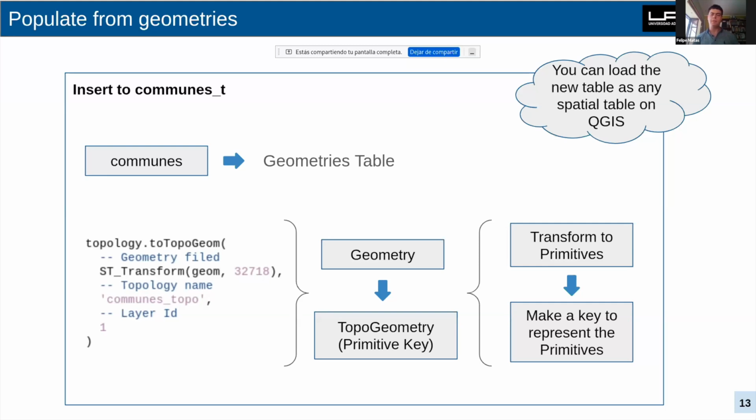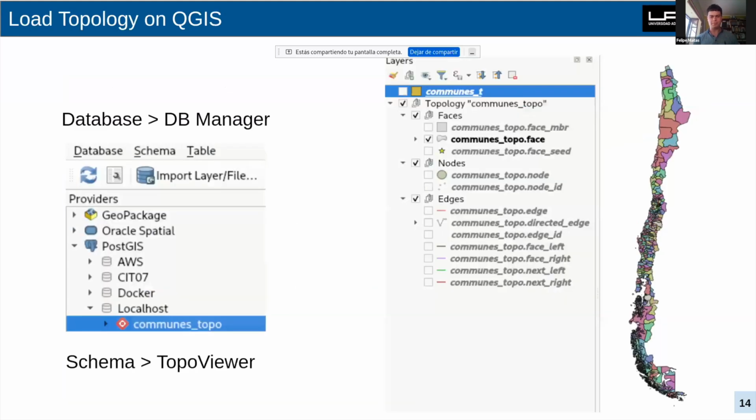When this table finishes, we will have the topology with a lot of information with all the communes and data. And we can also load this table in QGIS in a normal way as any spatial table. We can also load the topology directly.